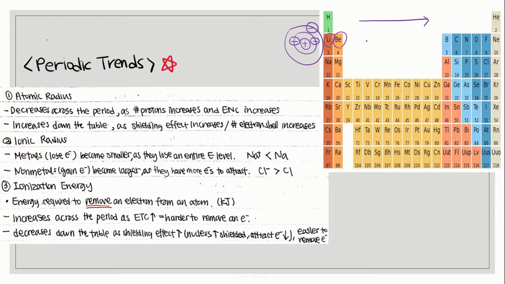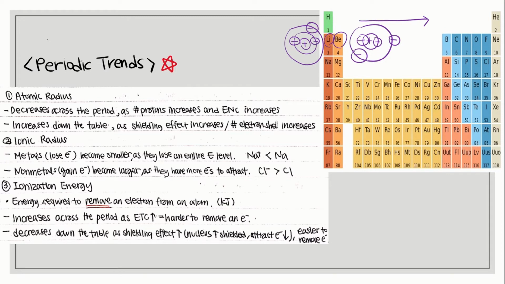And beryllium has 2 in the first energy level and 2 in the second energy level. So they would have the same number of electrons, which is 2 in the first or full energy level, and lithium has 1 electron on the outer side and 2 for beryllium.